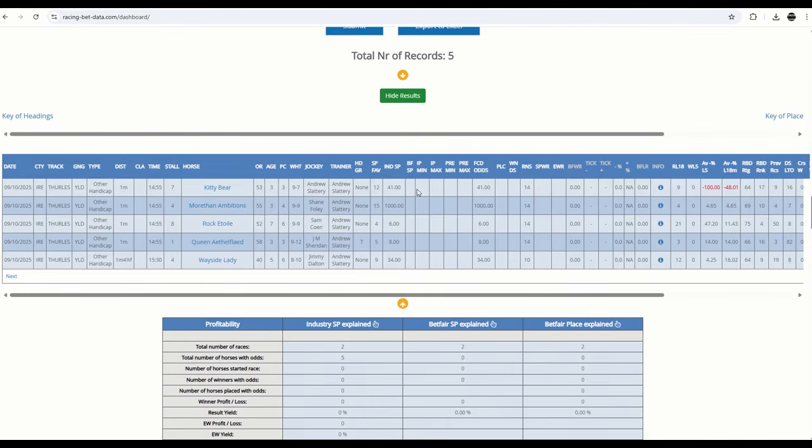Now you can see here the predicted odds. These are industry forecasts. It looks like you might have 2 selections here. These ones look like they're going to be rank outsiders, so 2 to keep an eye on in the same race here. Rock Etoile and Queen Ethelflad. Not that I can say how that's pronounced. So 2 horses potentially to look at just from that system that we have created, honing in on the odds.